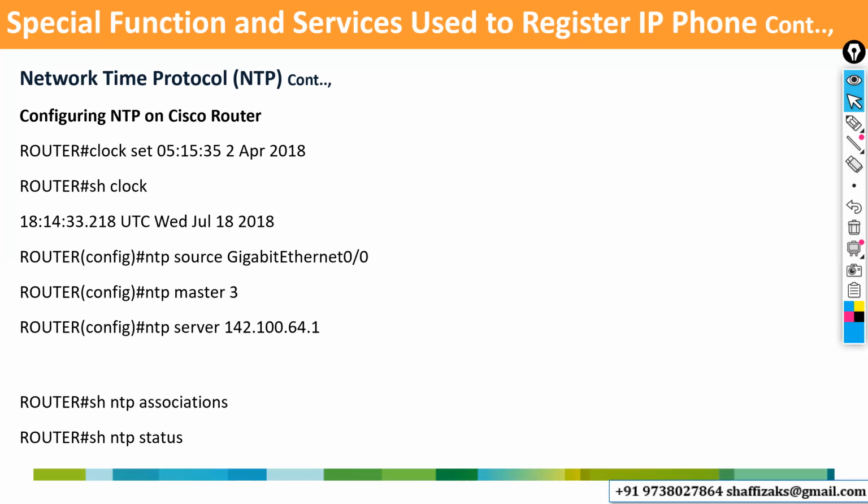Okay. This means you have a router here. You have two interfaces. Gigabit Ethernet 0/0 you have, and Gigabit Ethernet 0/1 you have. This is connected to a different switch, and this is connected to a different switch. Now CUCM is connected here, or something is connected here.